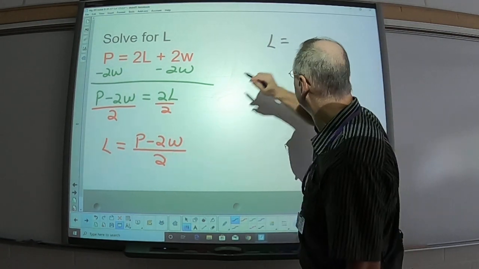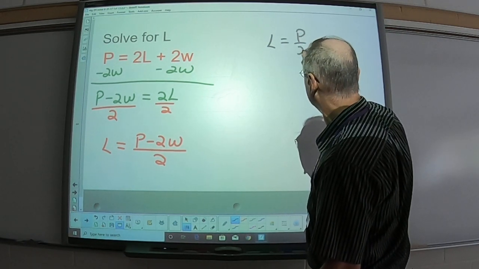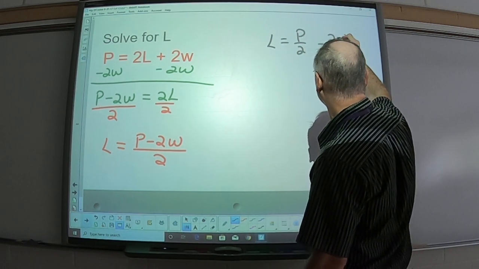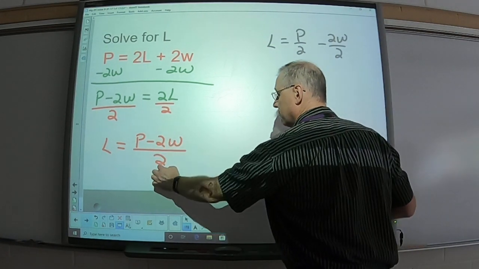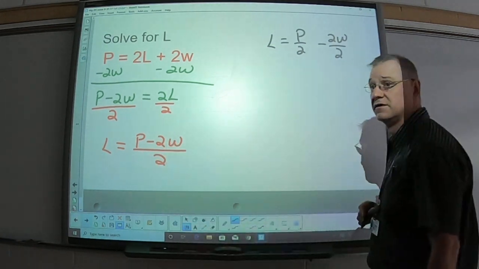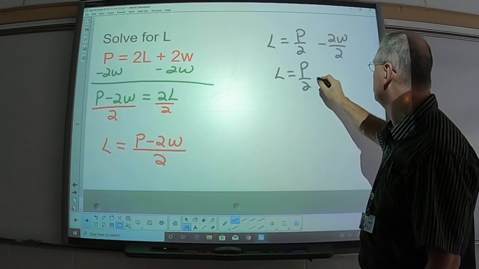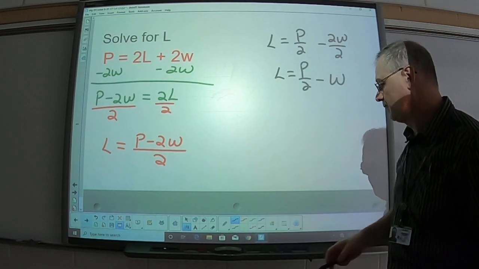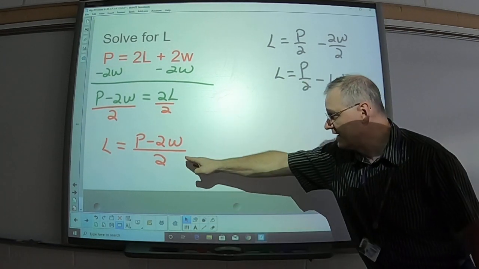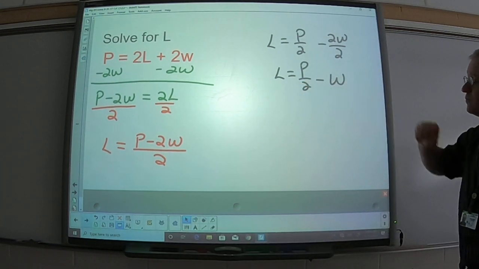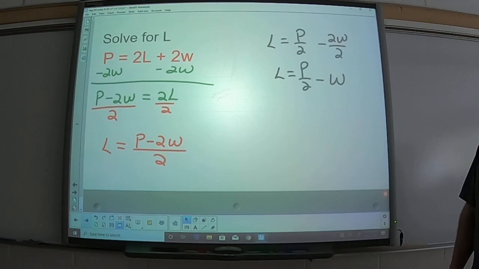So I can separate this into P over 2 minus 2W over 2. See how I've separated it into separate divisions? And that simplifies to P over 2 minus W. So whether you wrote the answer this way or this way, either one is acceptable.